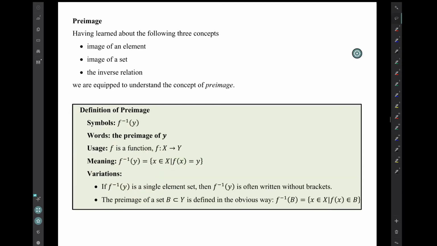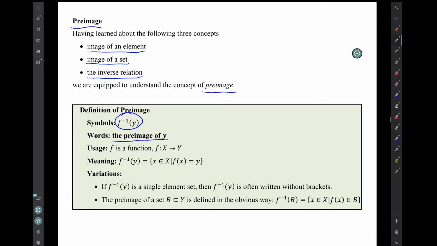Now I want to talk about what's called preimage. Having learned about these concepts, the image of an element, the image of a set, and the inverse relation, we're equipped to understand the concept of preimage. This symbol, f superscript -1 parentheses y, is spoken the preimage of y.